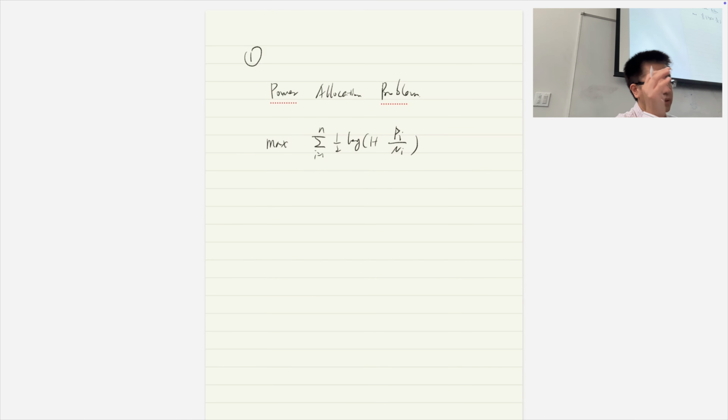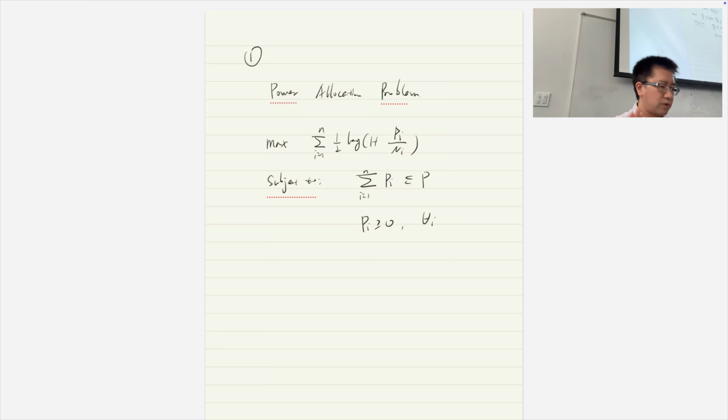We assume that the PSD is different for each channel, so we have N_i, the noise power spectral density for each Gaussian channel, subject to the summation of all the power P_i being less than or equal to P, okay? And we also have the constraint P_i is bigger than or equal to 0 for all i, okay?